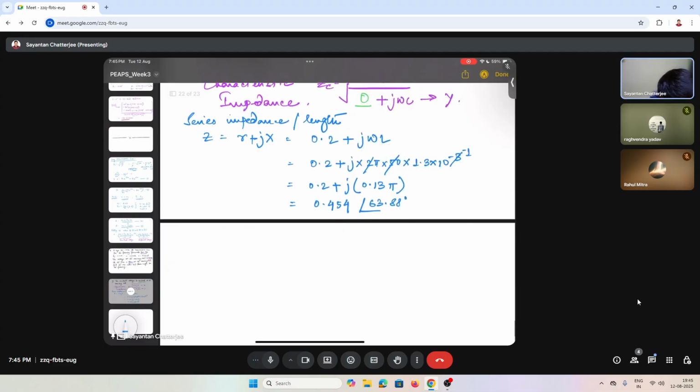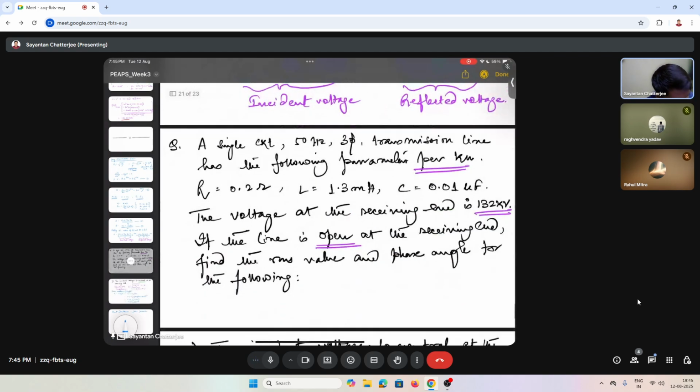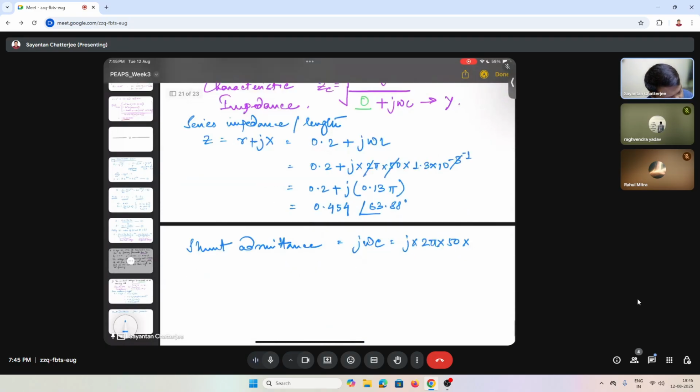So this is the Z value, and the shunt admittance. Shunt admittance can be given as j omega C, j into 2 pi into 50, and the C value is given as 0.01 microfarad.